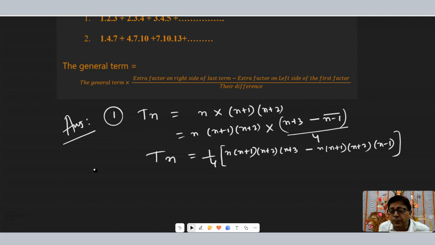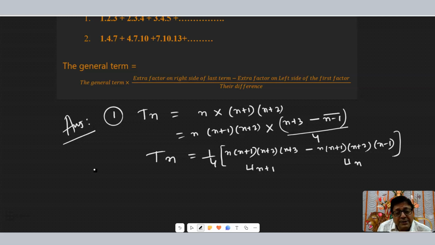We need not put values. This is just a telescoping series. We'll check if this is un, whether this is un plus 1 or not. Really it is un plus 1. In it, if you replace n by n plus 1, we'll be getting this thing only: n plus 1, n plus 2, n plus 3.